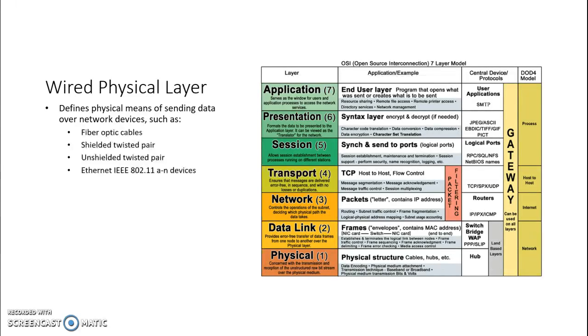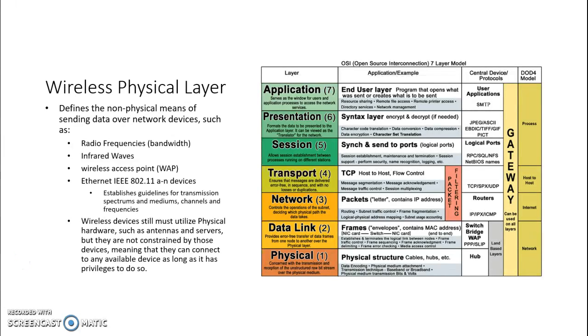And these devices typically are hubs and switches and routers. They're actually the peripheral devices that delegate where information goes and route the information where it's supposed to go based on addresses.